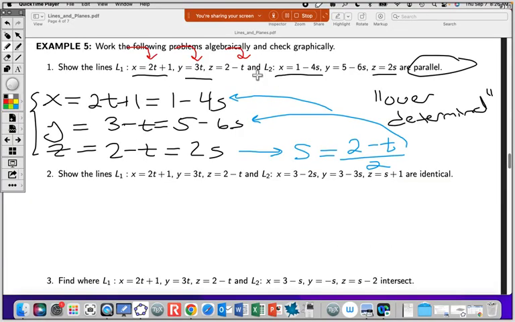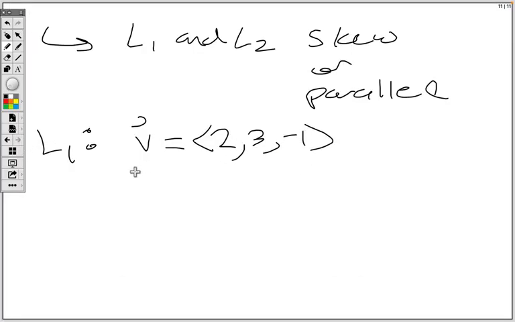And what's the coefficient of t in the z component? It's 2 minus t, so it's -1. Good. So that's a vector parallel to L1.